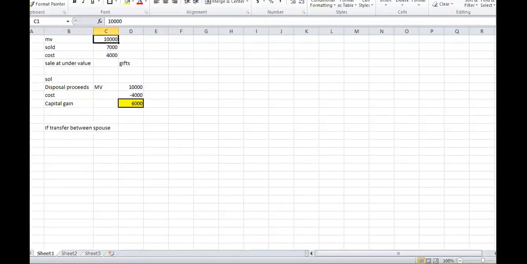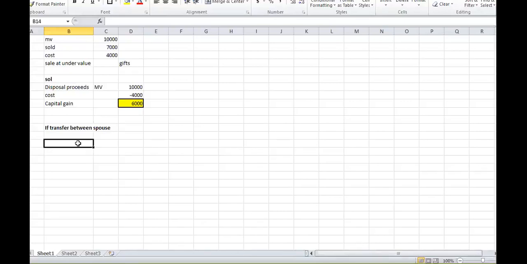The husband sold this asset to wife for £7,000. So this is the normal solution. So what would be the difference if this would be a transfer transaction between husband and wife?